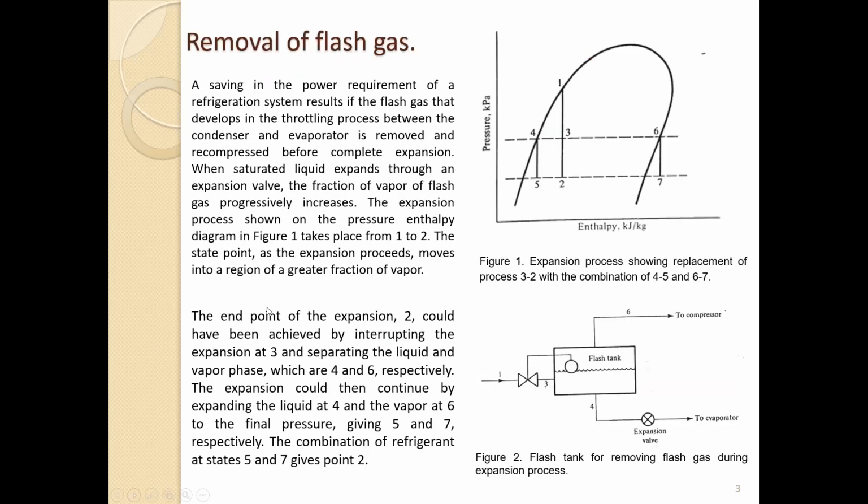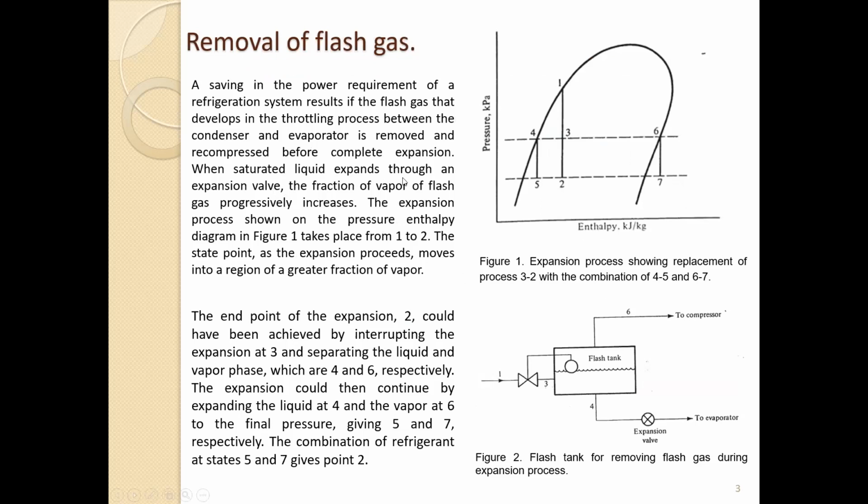So removal of flash gas. So a saving in the power requirement of a refrigeration system results if the flash gas that developed in the throttling process between the condenser and evaporator is removed and recompressed before complete expansion. So, figure 1.